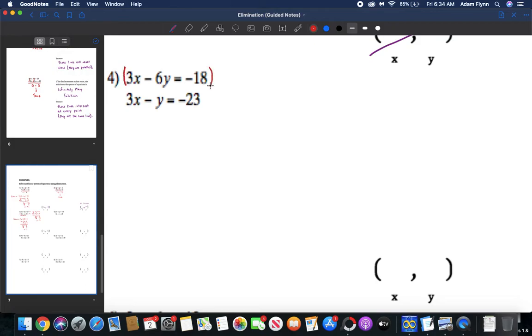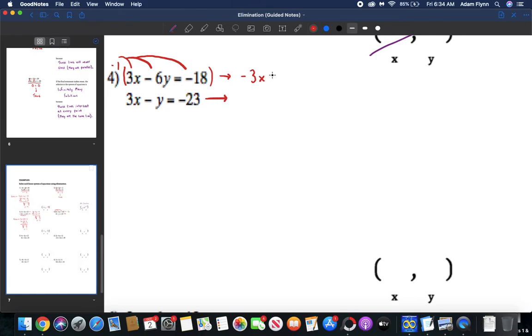So put parentheses around it, and I'll put my -1 in front. -1 will be distributed to everything, and I will rewrite my new equations over here. So negative 1 times 3x is going to be negative 3x.